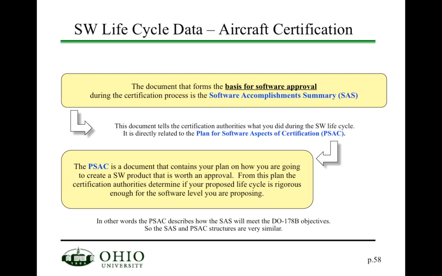It describes how you're going to create your software product, and that's where you say that your process generates a software product that's worthy of an approval by the certification authorities. Then the certification authorities use this plan and check if your proposed lifecycle processes are sufficient.